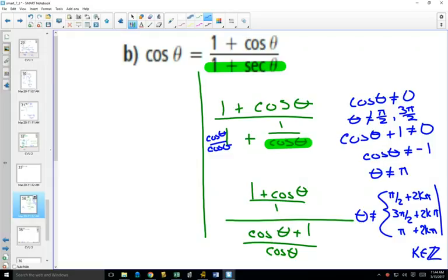Often on the final exam, they don't ask you to list all of them, like with the general solution like that. Often they'll just ask you to list one non-permissible value.